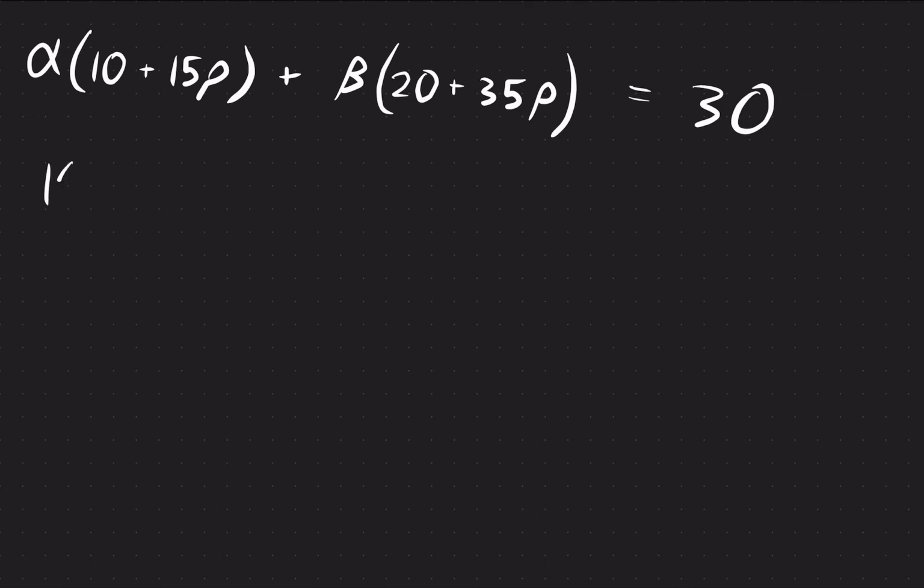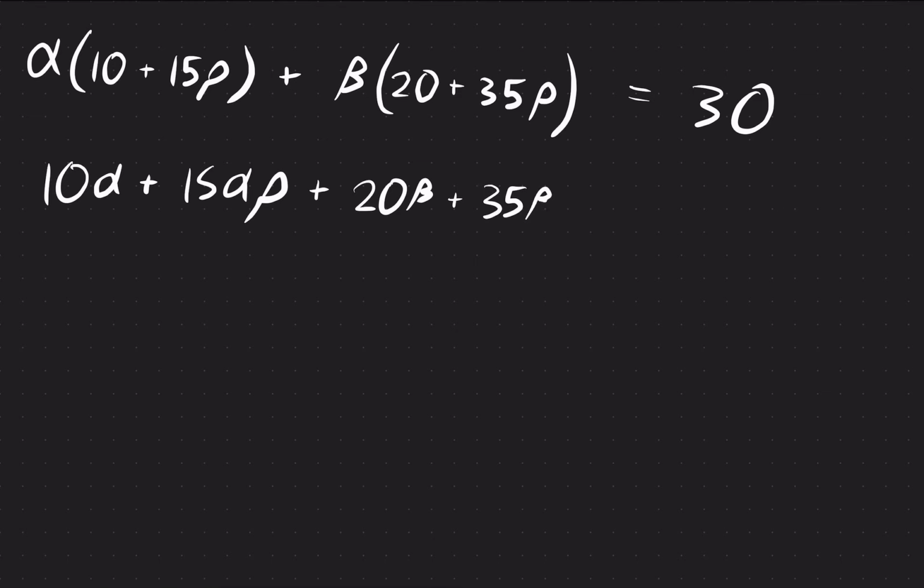And we're going to get 10 alpha plus 15 alpha rho plus 20 beta plus 35 beta rho is equal to 30. Then we're going to get all the rho terms by themselves. So we're going to get 15 alpha plus 35.